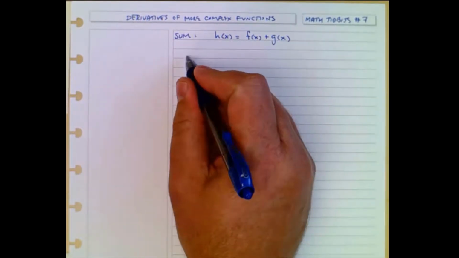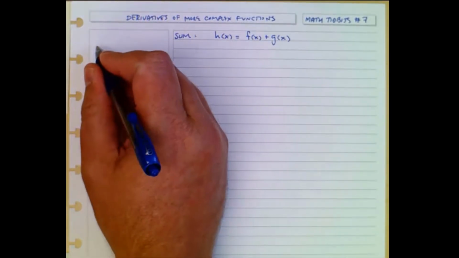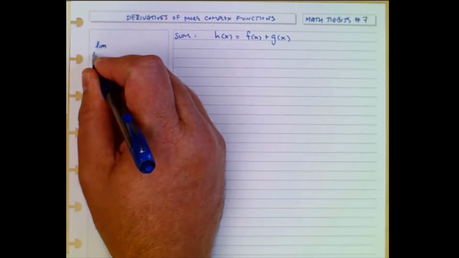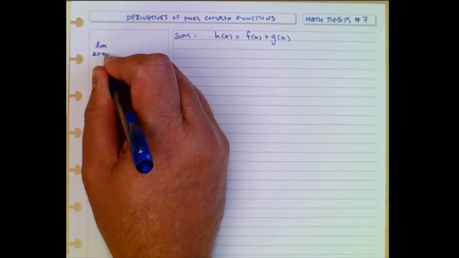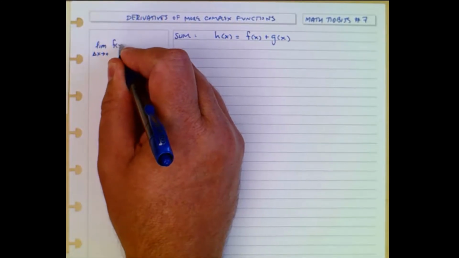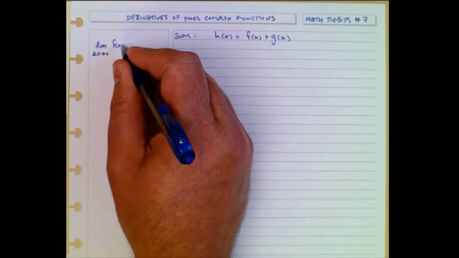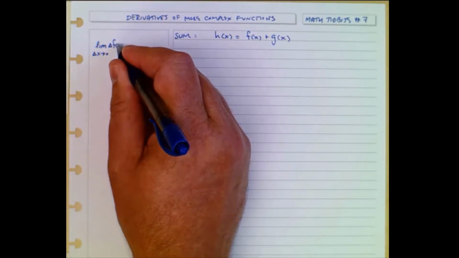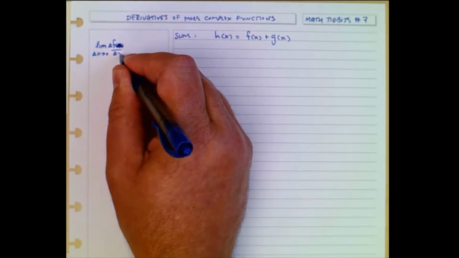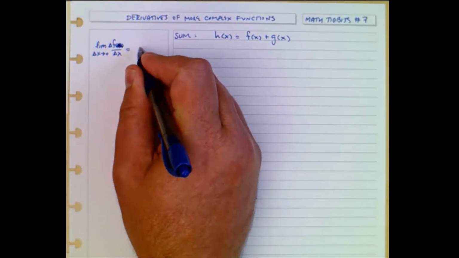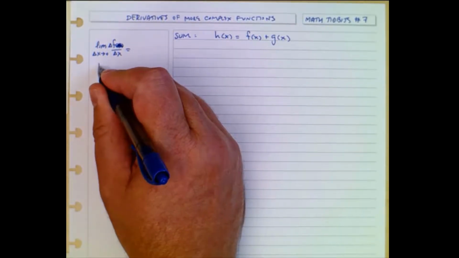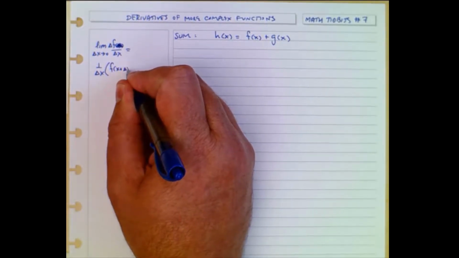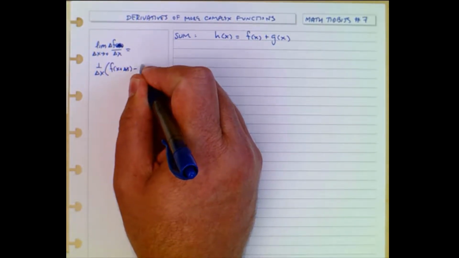But to show it explicitly, let's remember the fundamental definition of a derivative: the limit as delta x goes to 0 of delta f divided by delta x, and that will be 1 over delta x times f of x plus delta x minus f of x.